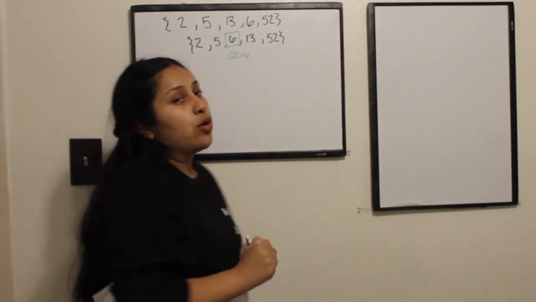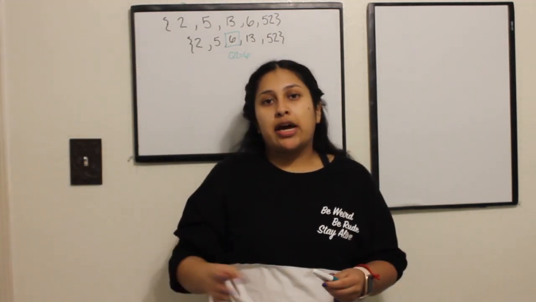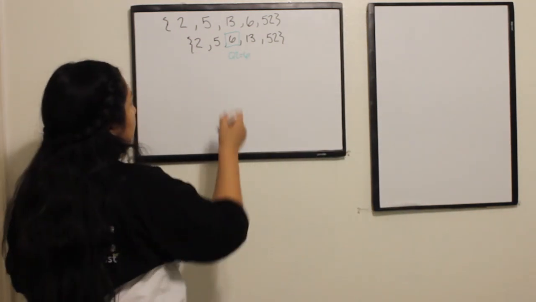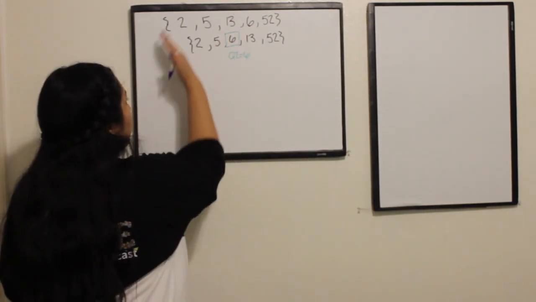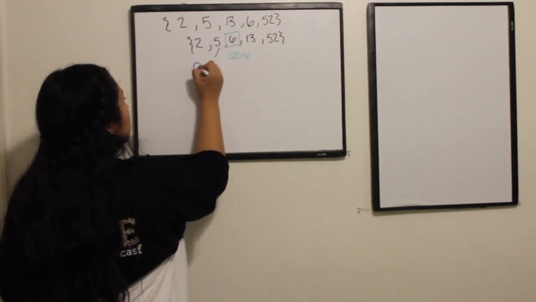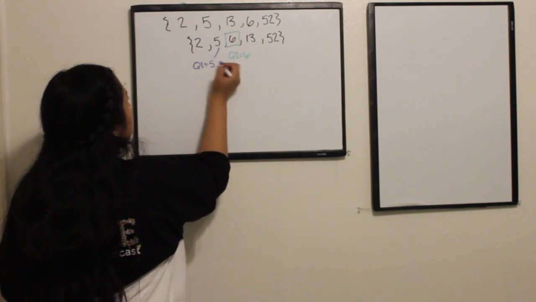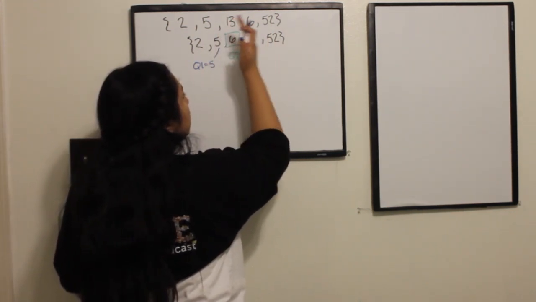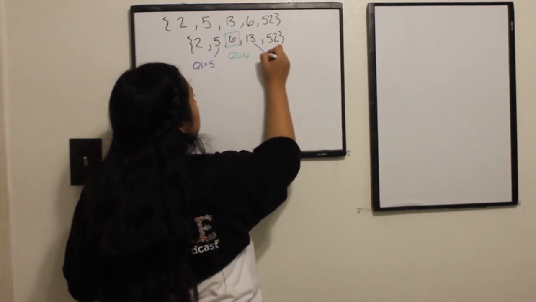Next, we're going to find our lower bound quartile and our upper bound quartile. We can see in our lower bound, which is everything before our quartile number 2, 5 as a result is our quartile number 1, and our upper bound, which is after the second quartile, is 13.